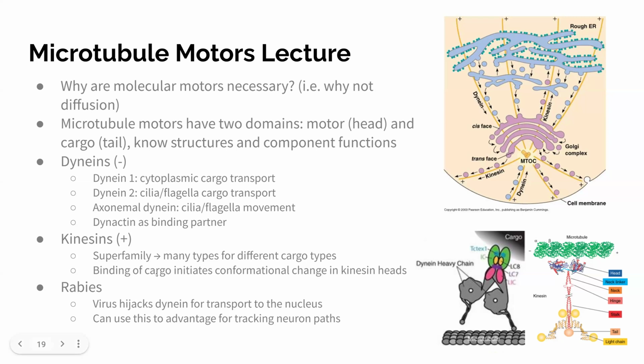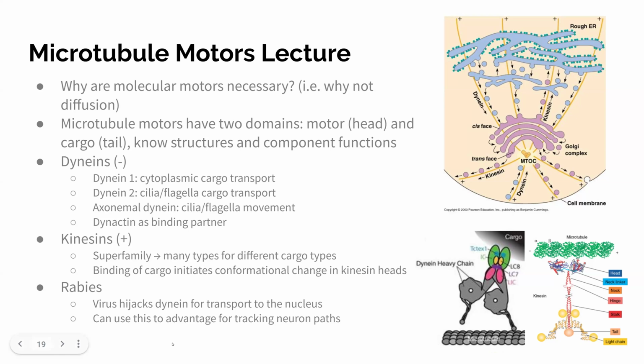The binding of the cargo to the tail is going to cause a conformational change in the head of the kinesin. And for rabies, how this works is it's hijacking the dynein and getting transported to the nucleus because that dynein is going towards the negative end.